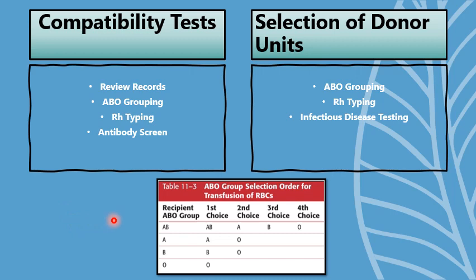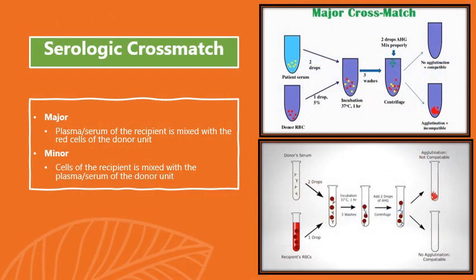So, if you have the donor unit of the patient, it is time for the cross-matching. Cross-matching is a test to detect ABO group incompatibilities and errors in ABO grouping, labeling, and identification of the patient and the donor.